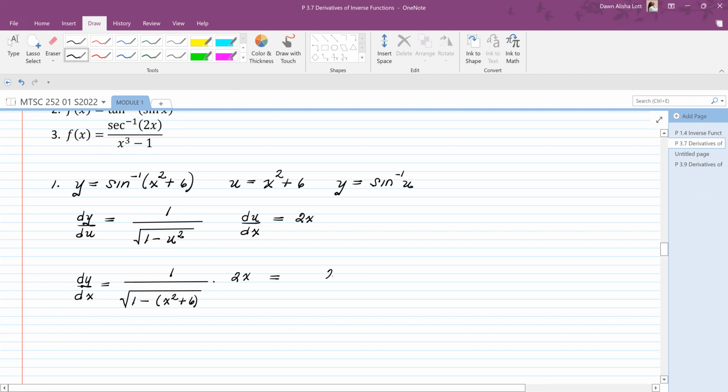So my answer is 2x divided by the square root of 1 minus x squared plus 6, and this should be squared. Okay. All right, any questions about that?